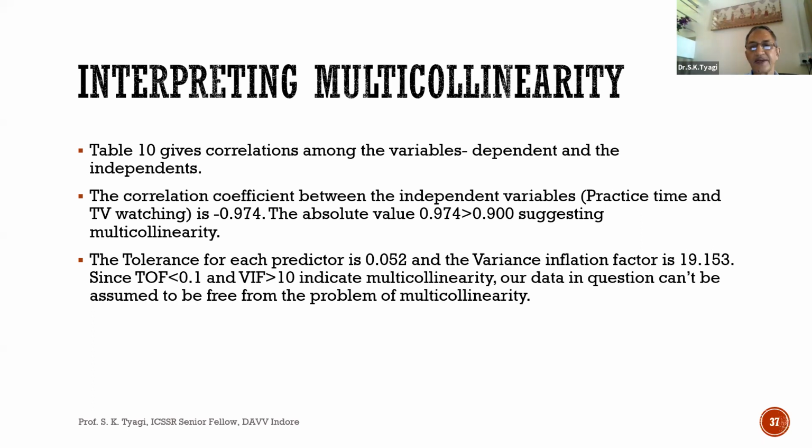Any TOF less than 0.1 and VIF greater than 10 indicates multicollinearity. We have seen that a tolerance factor less than 0.1 and a variance inflation factor greater than 10 are indicative of multicollinearity. Our data in question cannot be assumed to be free from the problem of multicollinearity because this is less than 0.1, and this is greater than 10.